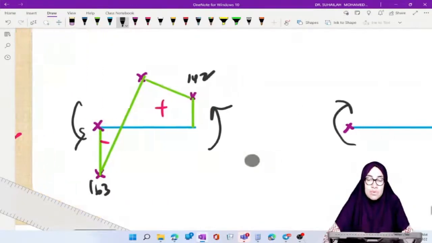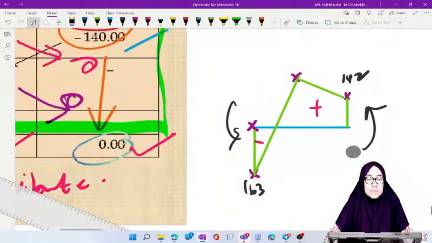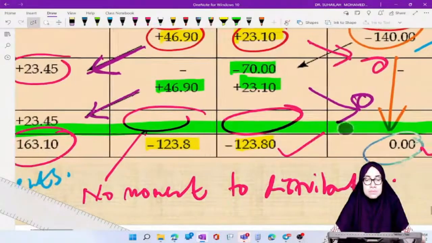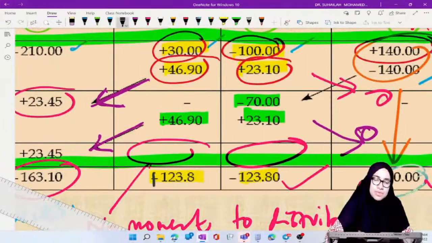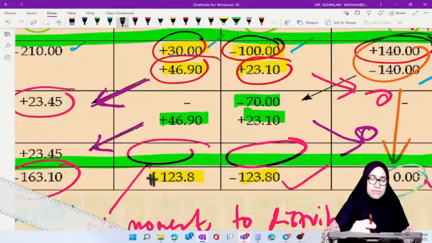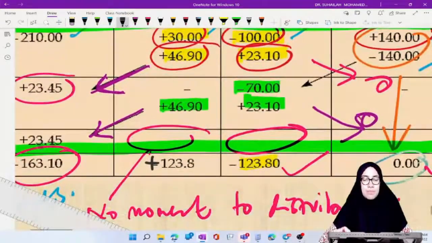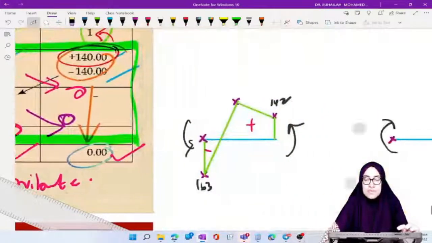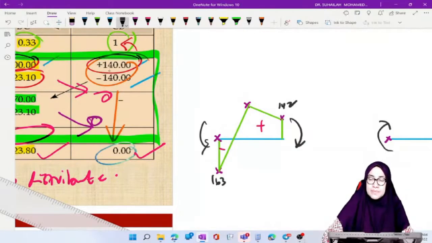And the last one is positive. It should be one negative, one positive, so we have to check back. This one is positive actually, so it is negative, positive. So the arrow should be like this.